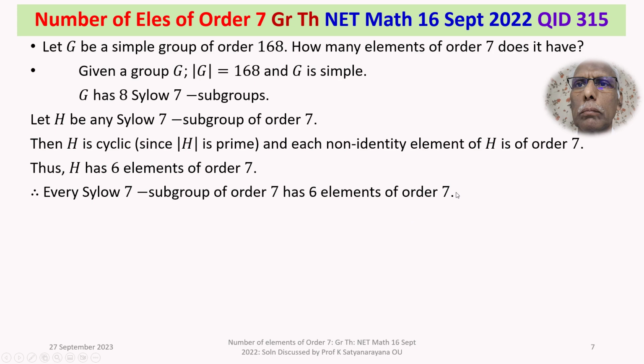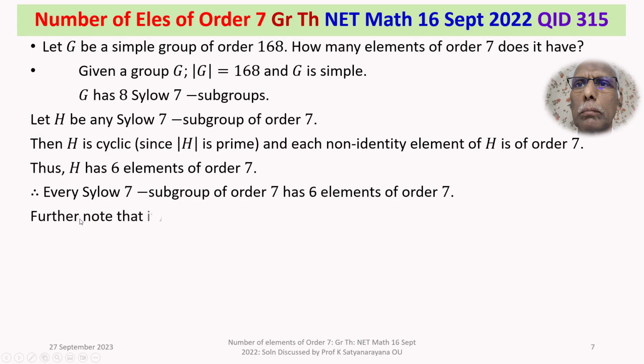But one gets a doubt. Maybe if you take 2 different, distinct Sylow 7 subgroups, their intersection may not be identity. Then in that case, this counting doesn't work.